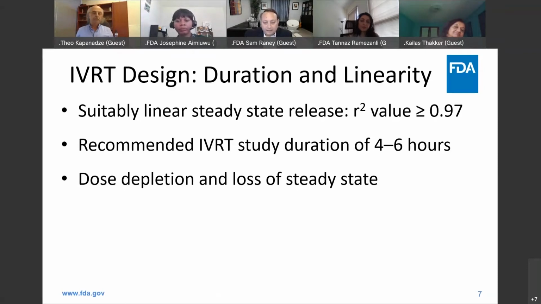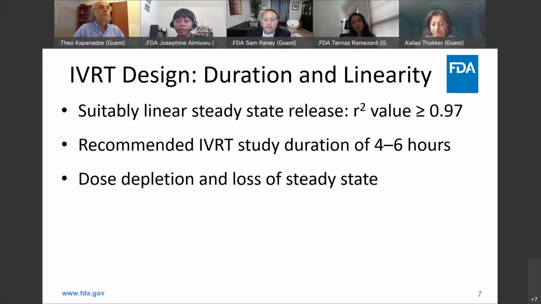I've seen some data on that, and I'm not sure how to interpret those early curves, and the idea that they're more discriminating than the later part when you have no release. I understand that when you have no release, you can't discriminate one formulation from the other because neither is releasing in that time period. I appreciate you're looking at the earlier time when at least they're both releasing and you can tell there's a difference.